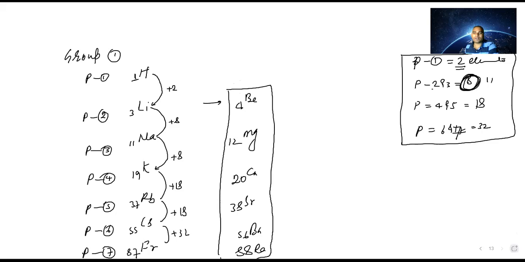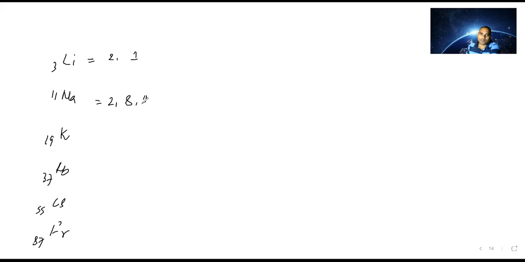Now see the configuration here. I'm writing lithium, sodium, potassium, rubidium, cesium, francium. Here is 3, 11, 19, 37, 55, 87. So how much will be there? See, 2 and 1. If you know the Bohr-Bury model, then only it is helpful.